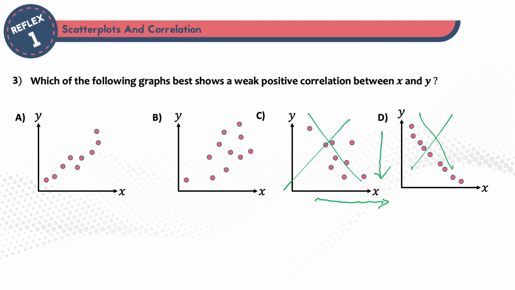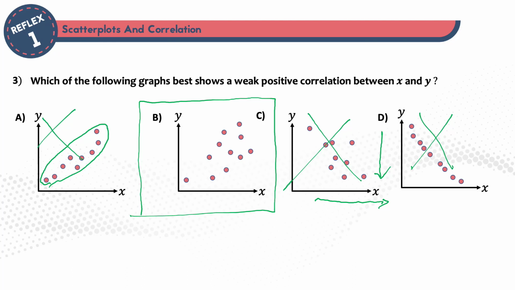Now, between A and B, A has a strong positive correlation because all the dots are pretty compact together, so it's not A. And B is our answer, because as one variable increases, the other one does increase a little bit, but the dots are not very compact together. So this is a weak positive correlation. Choice B. Done.